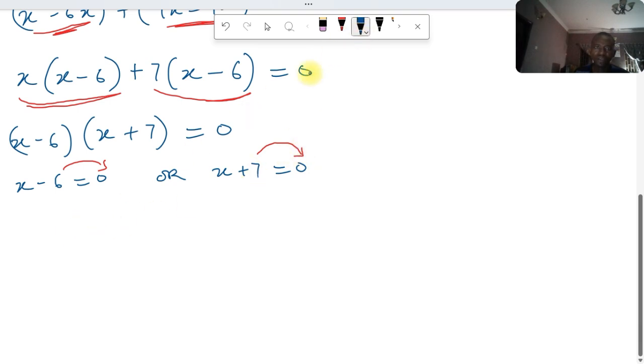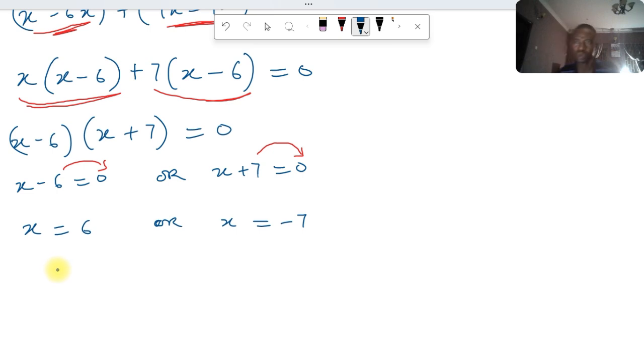So I'll have x. Now as I bring this to the other side, the negative sign here will turn to plus. I have 6, or I have my x. Now as this one comes to this side, the positive sign becomes negative. So I have negative 7 for x. So I have not gotten the required value. I have not done what I was taught to do.